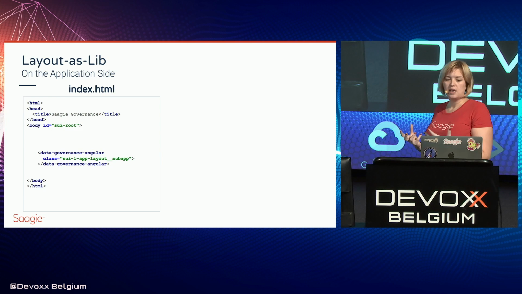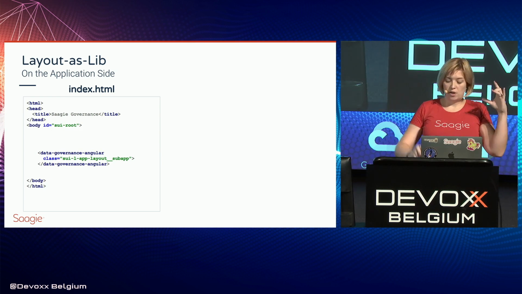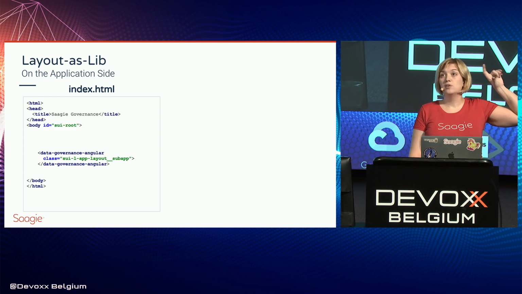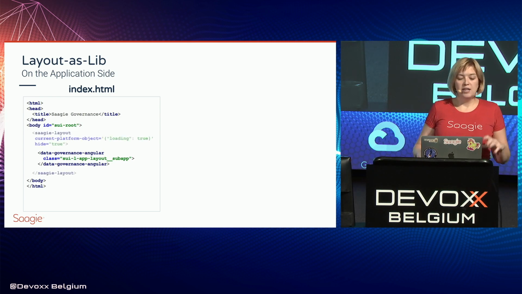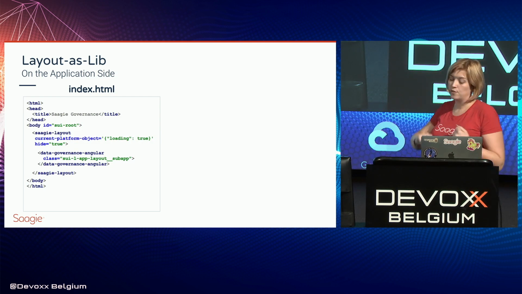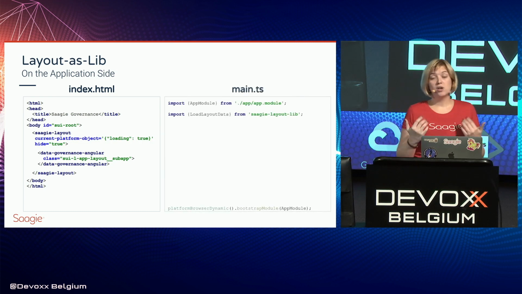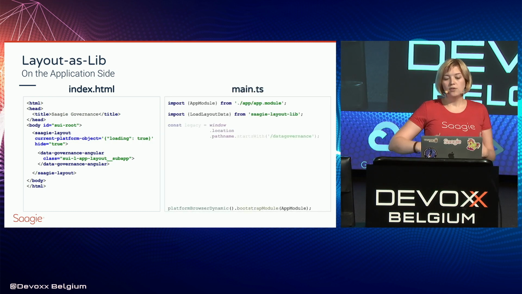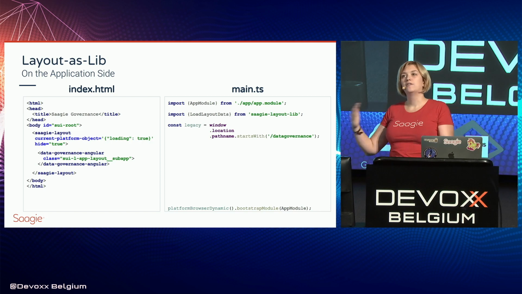On the application side, here it's the main HTML page of governance. So you get this main component, the top component we've seen previously, and you're just going to encapsulate it into the Saagie layout component, which is hidden by default. And in the main page of the application, we're going to first look if we're in legacy mode or not.